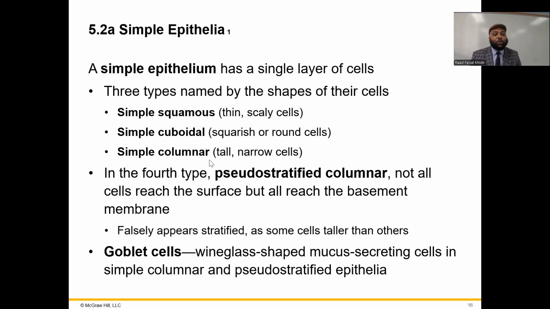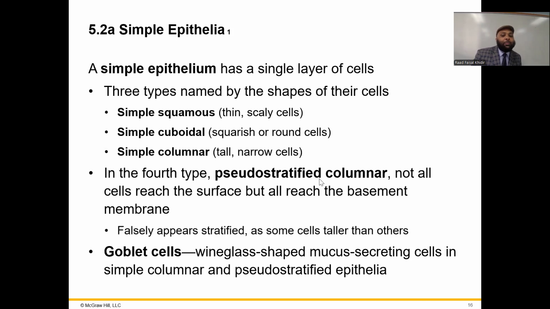And these are simple columnar, which are tall and narrow cells. But at the end of the day, they all touch the basement membrane because they're simple.